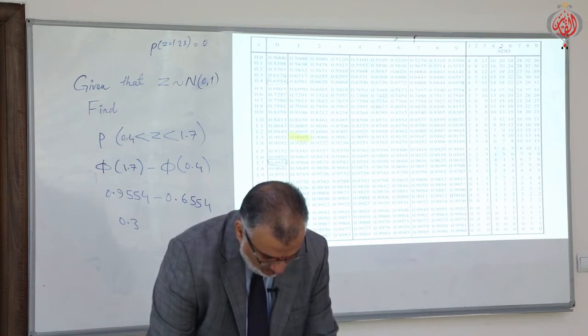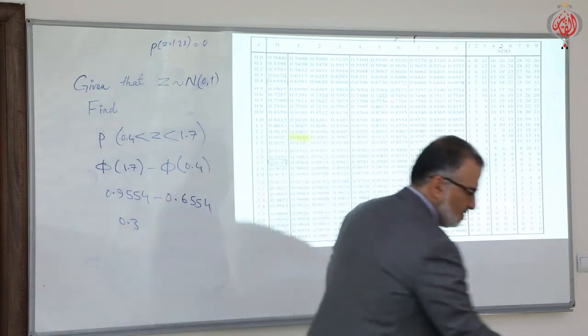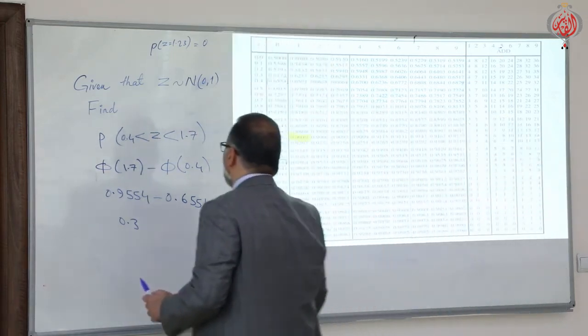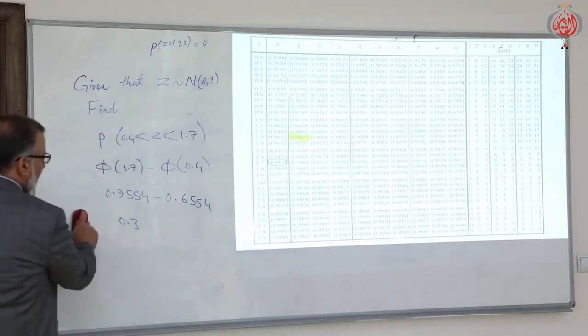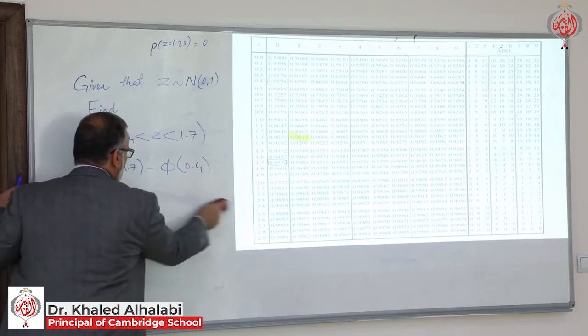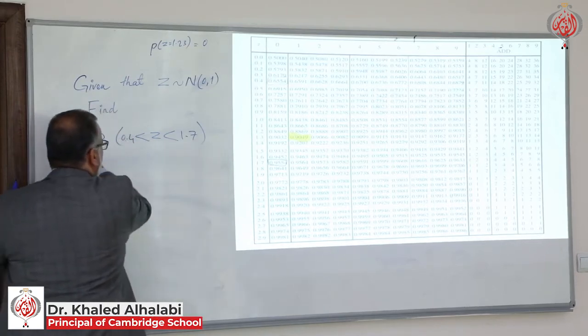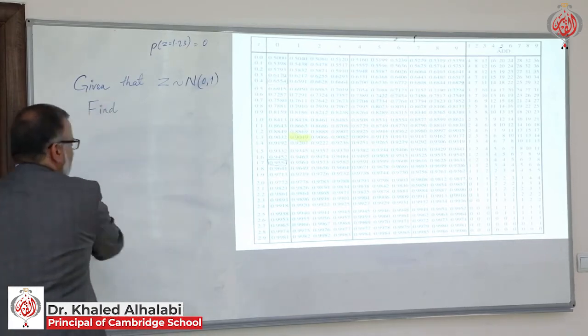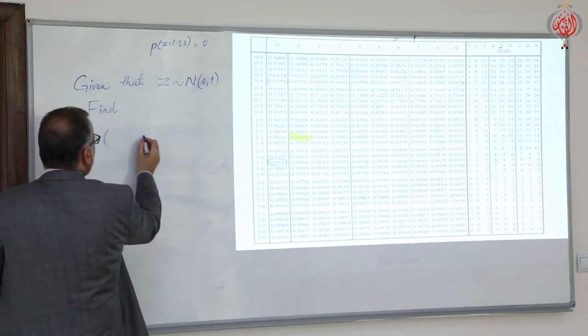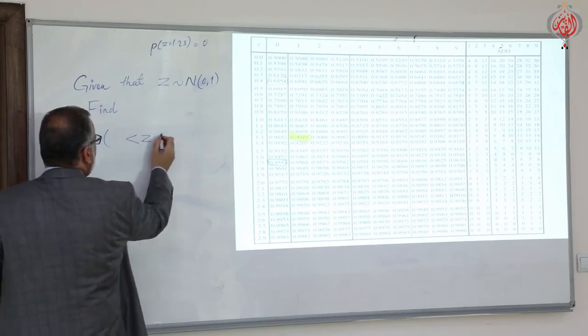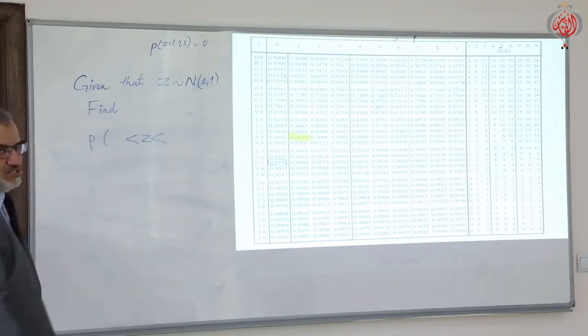Now, how about if I'm dealing with a question like this? Find the probability of z between negative 1.2 and negative 0.3.